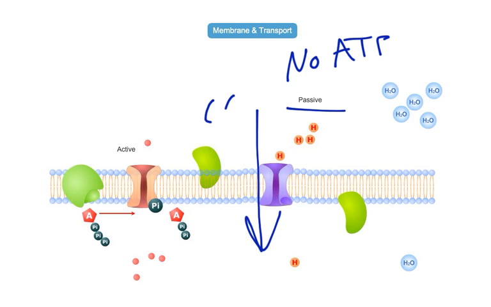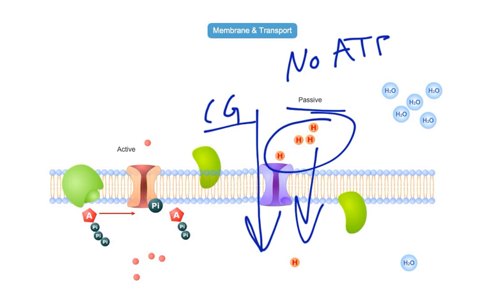So no energy, down a concentration gradient, that's passive transport. It's going to go from an area of higher concentration to an area of lower concentration. There's a few different types: there's osmosis, which we talked about before, diffusion, and then facilitated diffusion.